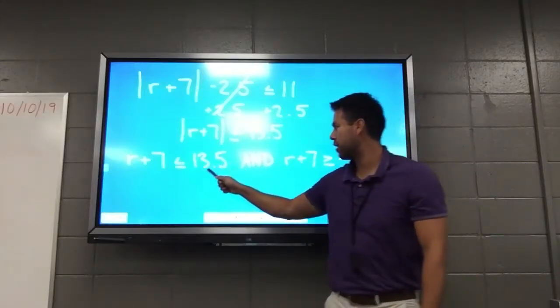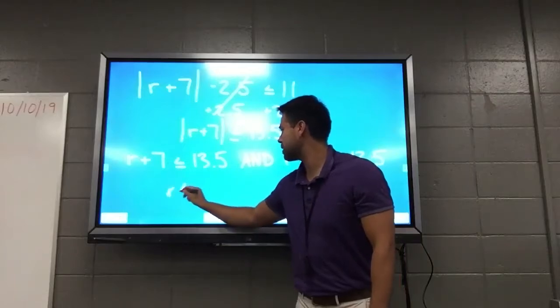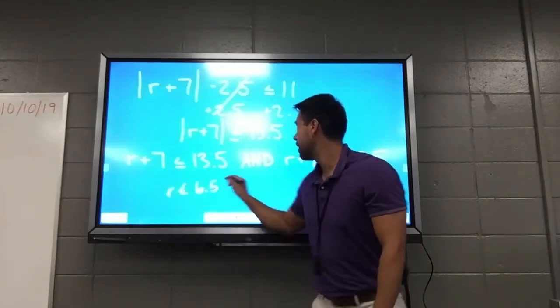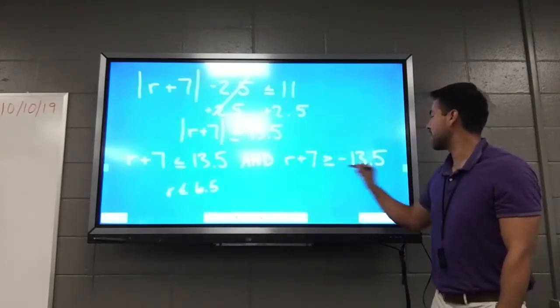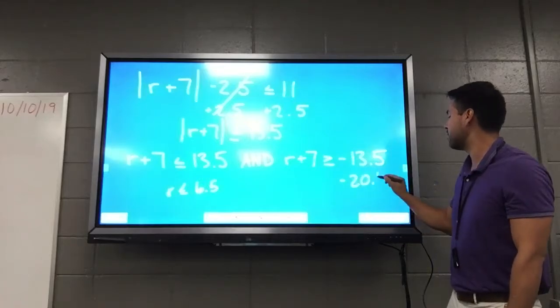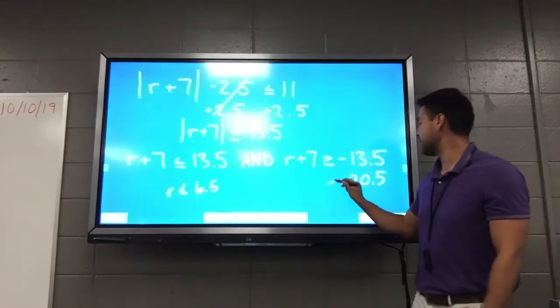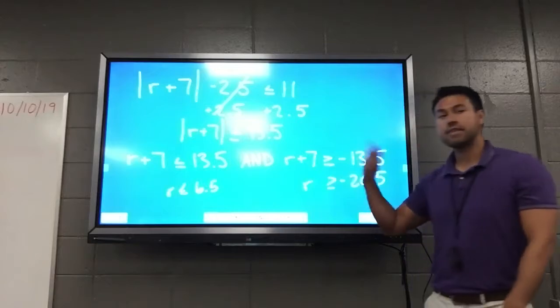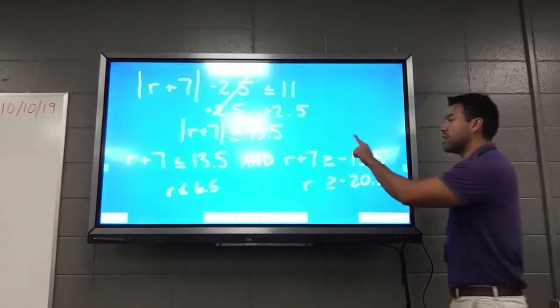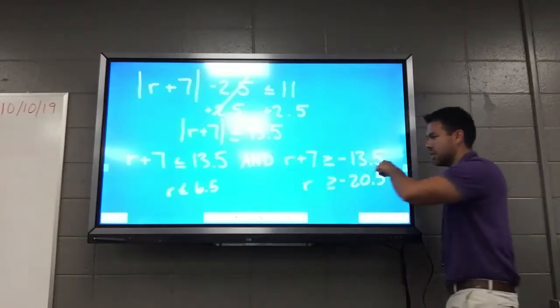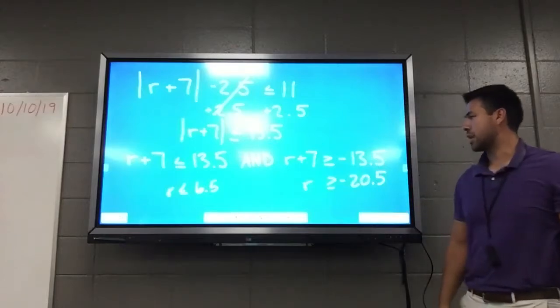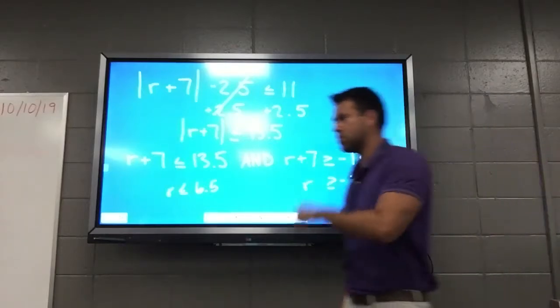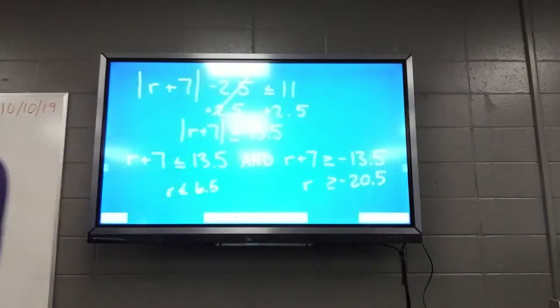That would work here, because that's going to be r is less than or equal to 6.5, but here, if you subtract 7, you get negative 20.5. So is that the same as what we would have gotten the other way? No, so you got to do it after this part. So you got to do this first, then subtract 7. That's a good question, but yeah, do it this way. In fact, that's a very commonly asked question.